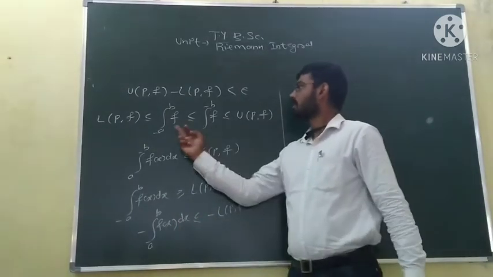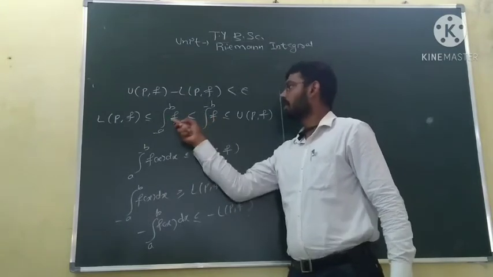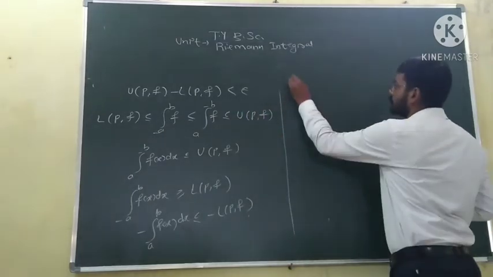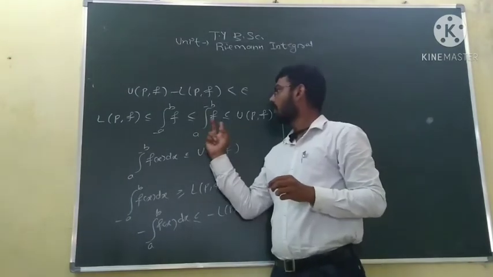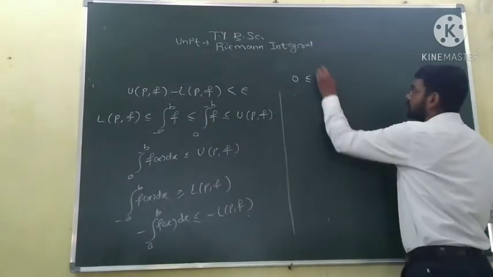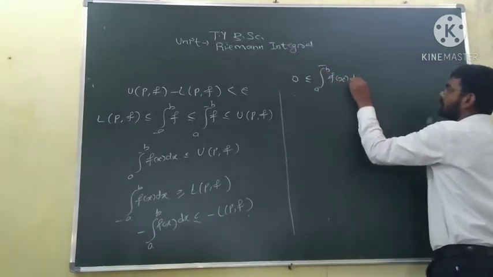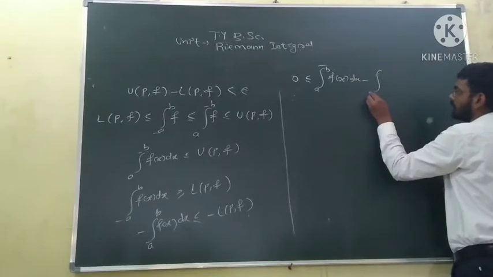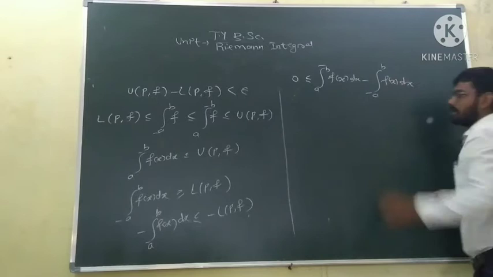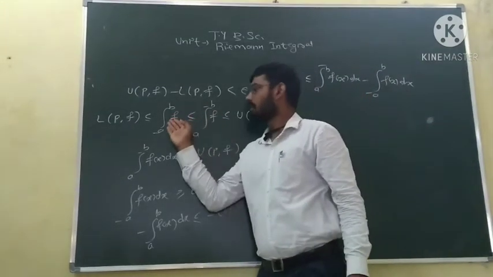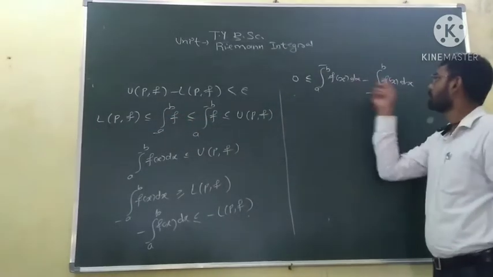Now since the upper integral is greater than or equal to the lower integral, the difference between upper integral and lower integral must be greater than or equal to 0. So upper integral a to b of the function minus lower integral of the function must be greater than or equal to 0.